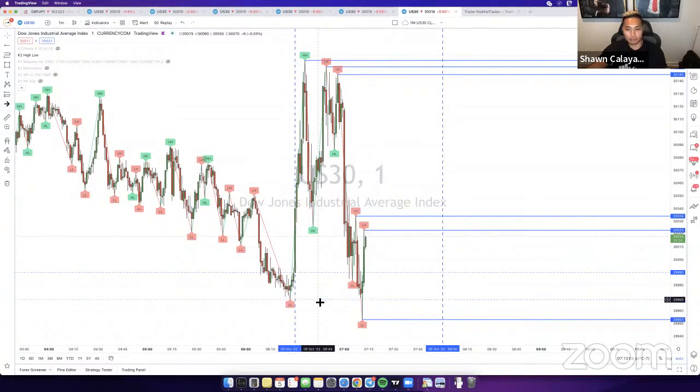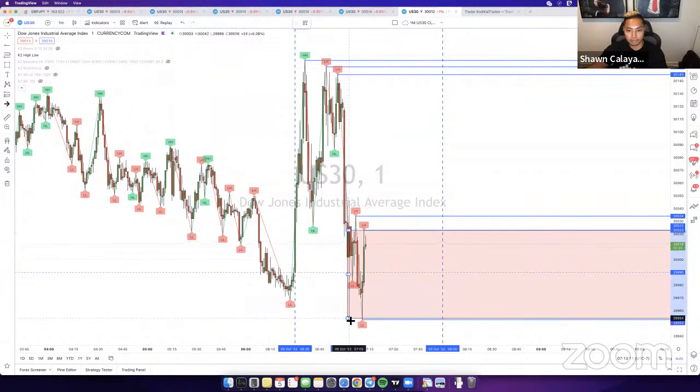It looks like it's establishing a range down here now. The range was up there earlier, now it's down here. It looks like it's just going to bounce around opening price.